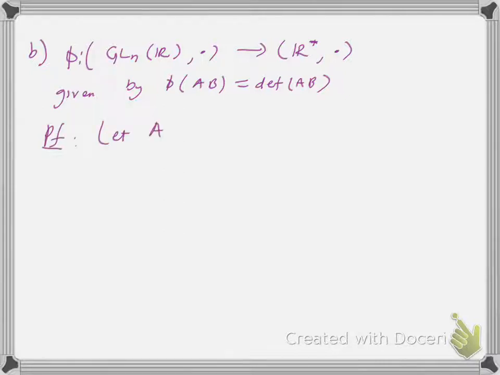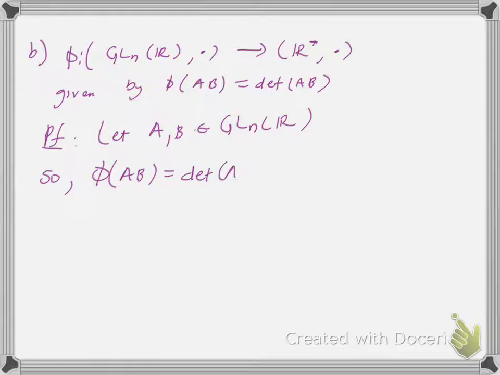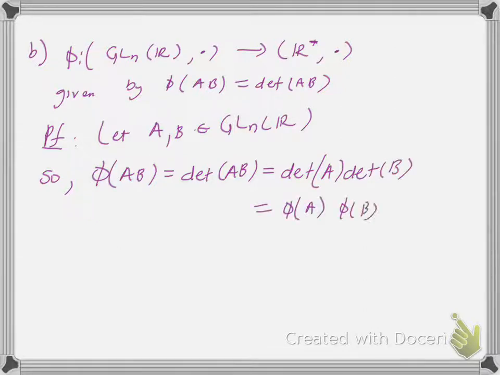So we're taking two matrices in our domain, and phi of A times B equals determinant of A times B, which you should remember, since these are square matrices, in general, is equal to the determinant of A times the determinant of B, and that's phi of A times phi of B. Again, I want you to think about what the kernel of phi will be. Okay, I want you to see if you can figure out what the kernel would be.